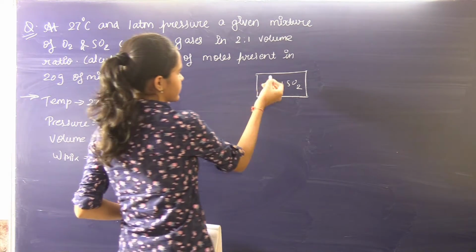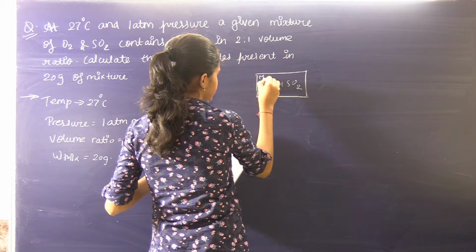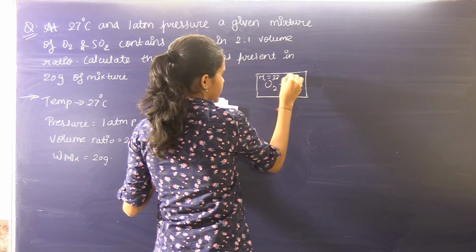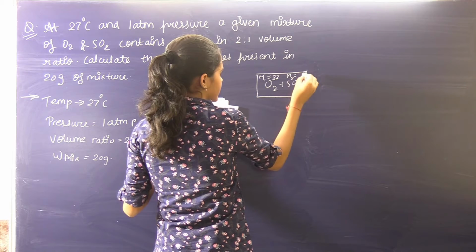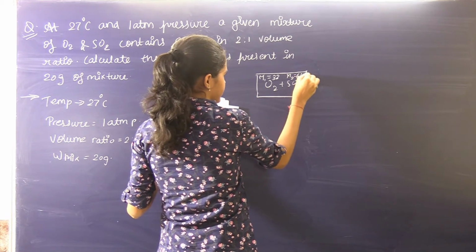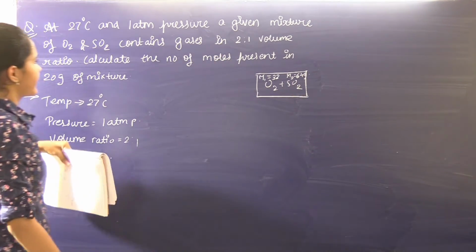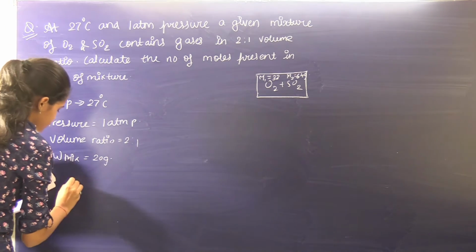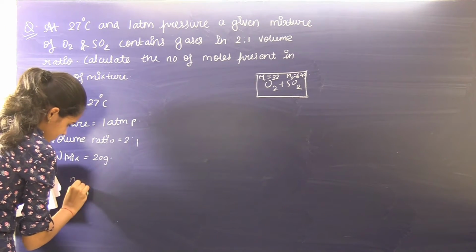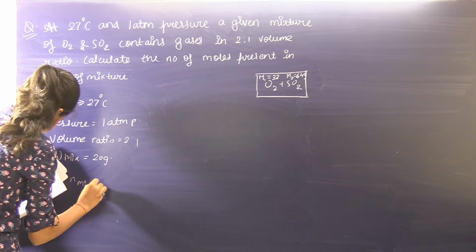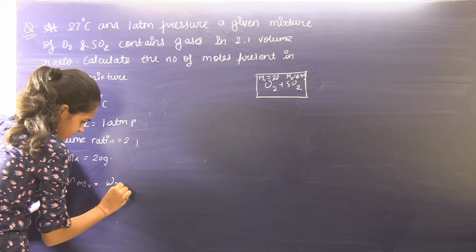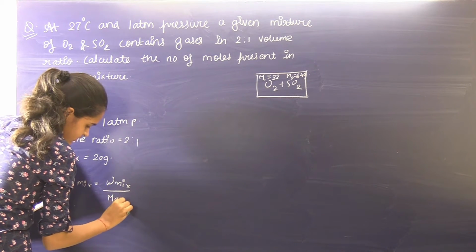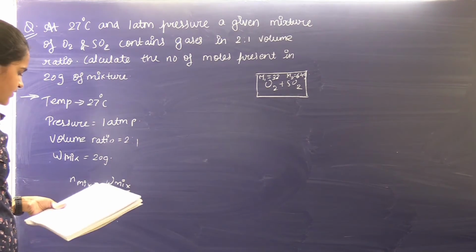So molar mass of O2 is equal to 32 gram and molar mass of SO2 will be 64 grams. So we have to find the number of moles present in the mixture. So number of moles is equal to weight of the mixture upon average molar mass of the mixture.